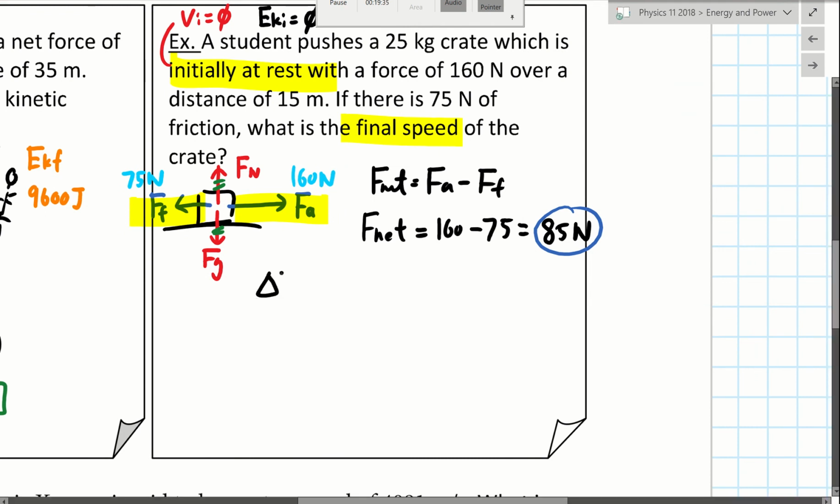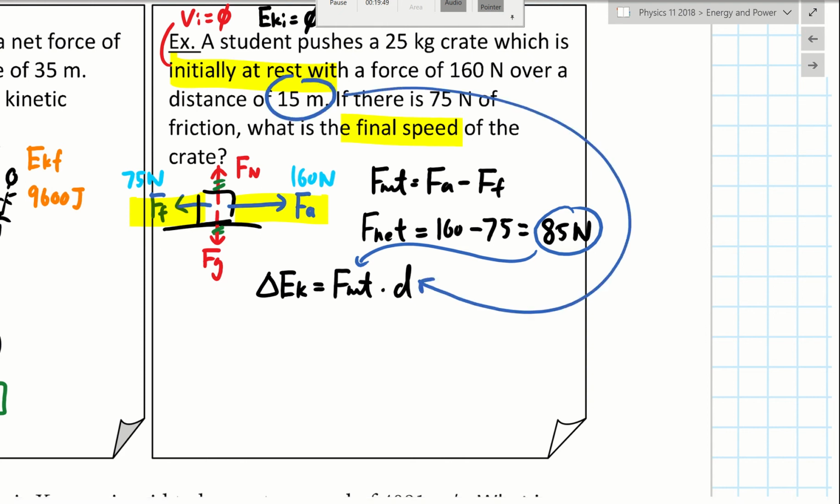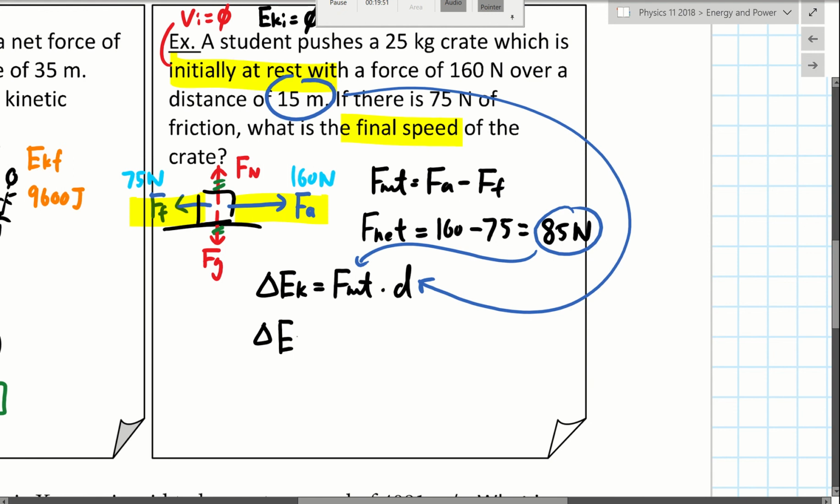Take the equation, change in kinetic energy equals net force times the distance. We have the net force, and we have the distance, which is 15 meters. From these two, we can find the change in kinetic energy, which is 85 times 15, 1,275 joules.